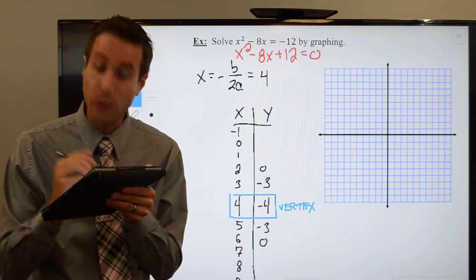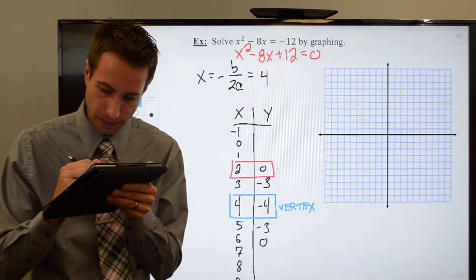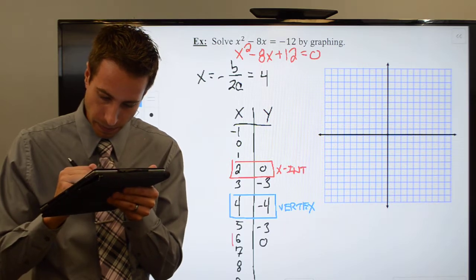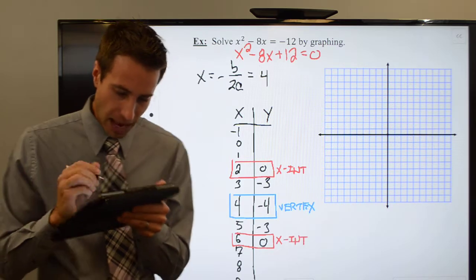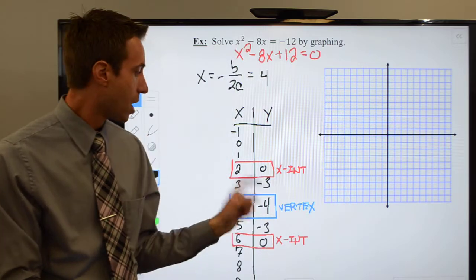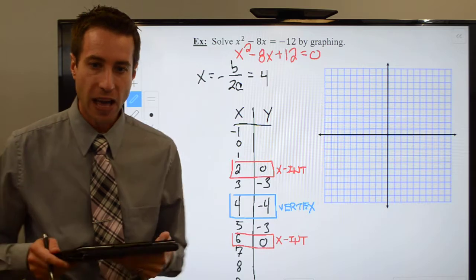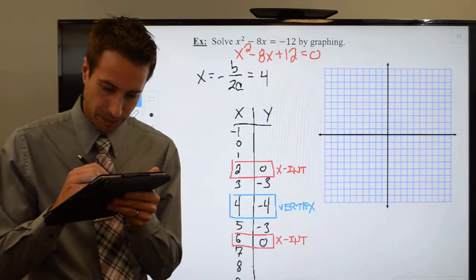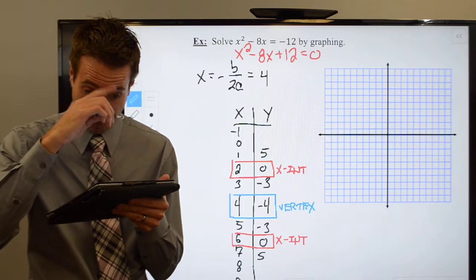So now I know, right, whenever y is 0, I have found my x-intercepts. And let's keep going. If I plug in a 1, 1 squared would be 1. 1 times a negative 8 would be a negative 8 plus 12, and you wind up with 5. 5 and 5.